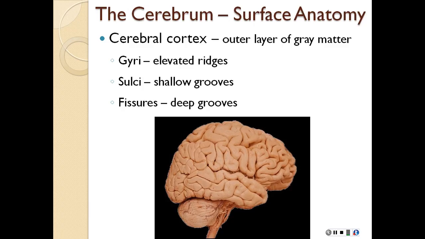And some of the external features, the surface features of the brain, notice that there are grooves, and there are what I call ridges or chunks of tissue. The creases between those chunks are called sulci, and that's plural.